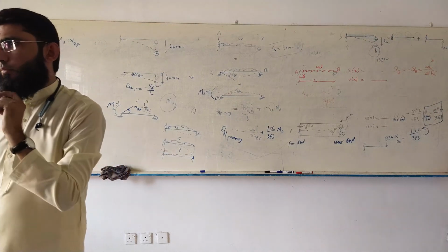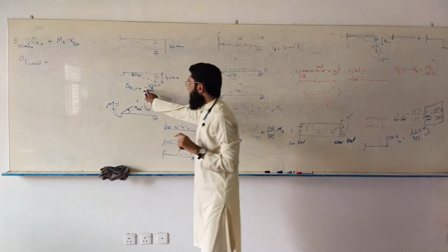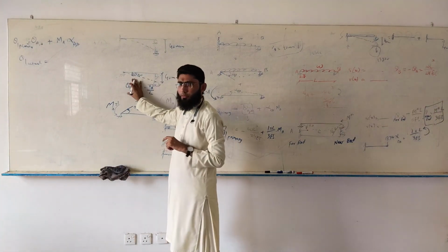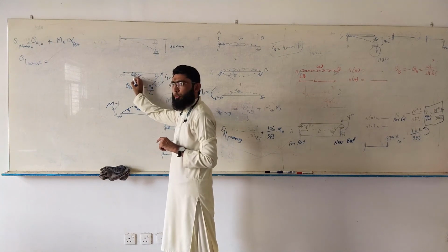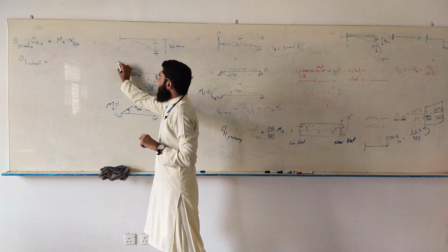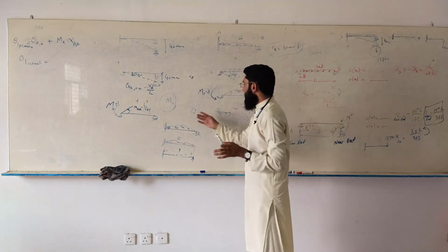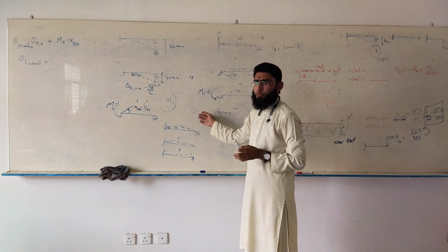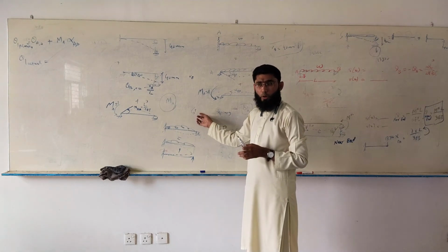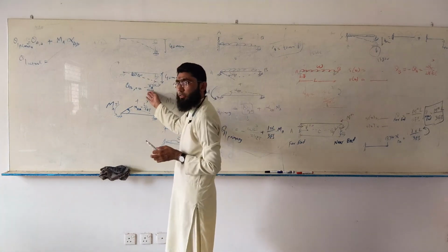So this is the rotation being produced. What is its direction? Clockwise. And we are treating counterclockwise as positive for the rotation in all our equations, so clockwise is negative. That's why we have the negative sign.